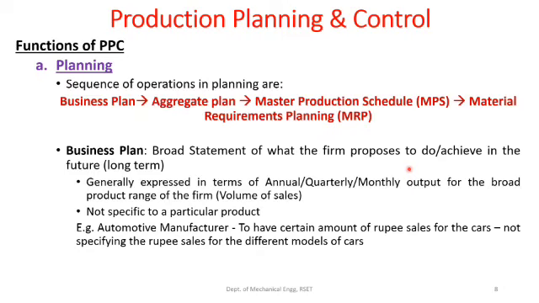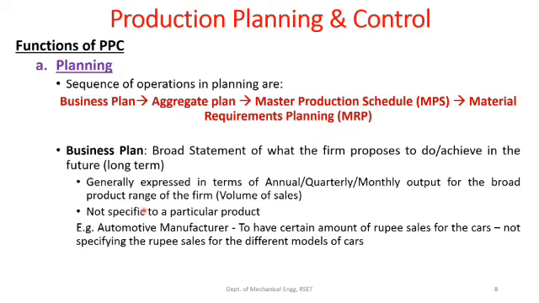It's generally expressed in terms of the volume of sales or volume of production that is required over a long period of time, which is usually a year, half a year, quarter of a year, etc. So generally business plans are proposed for the entire range of products that the firm produces and are expressed in terms of a quantity that has to be produced over a long period of time.